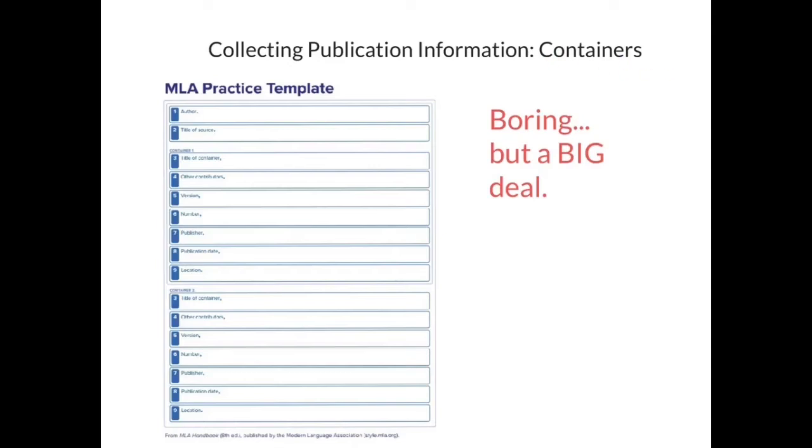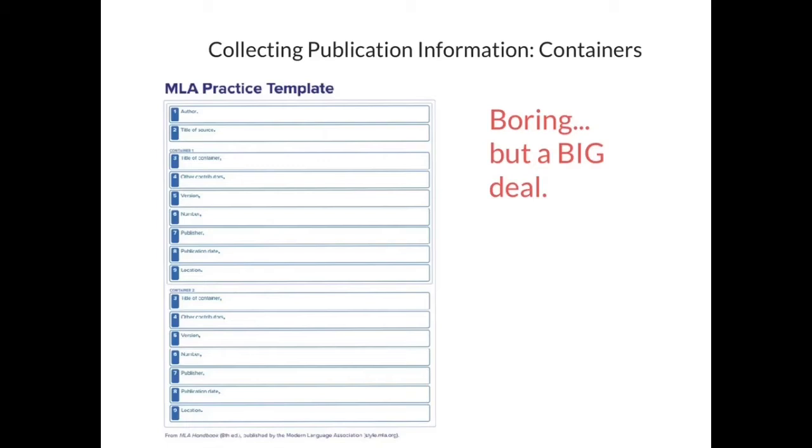Instead of having all these super specific details of formatting, you have some pretty basic information you need to track from source to source, and it needs to follow a specific order, which means it's basically the same track of information for a video as it is for a book, as it is for a web page, as it is for an article. So that will simplify things in the long run.